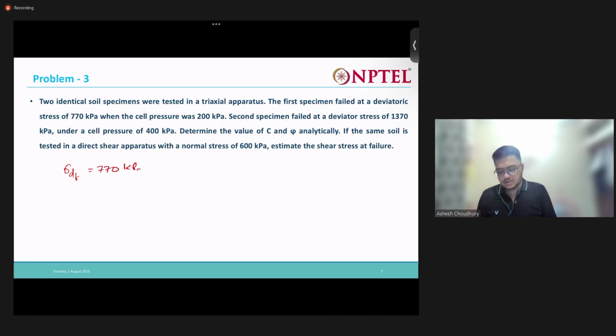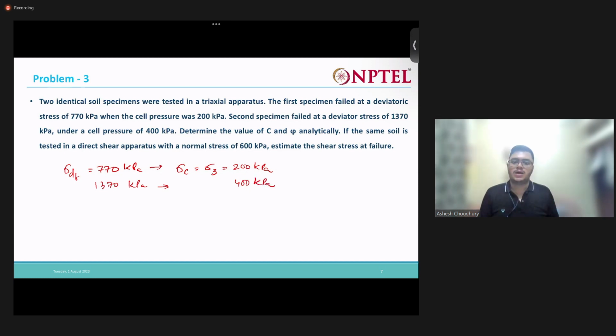The second specimen failed at a deviator stress of 1370 kPa when the cell pressure was 400 kPa. We need to determine the values of c and phi analytically, right?